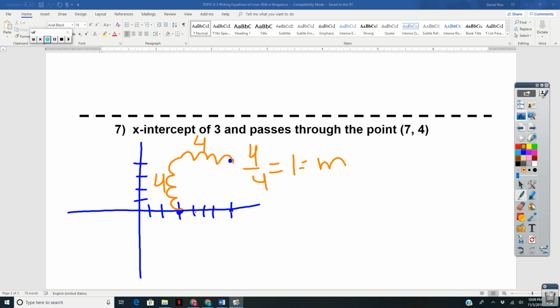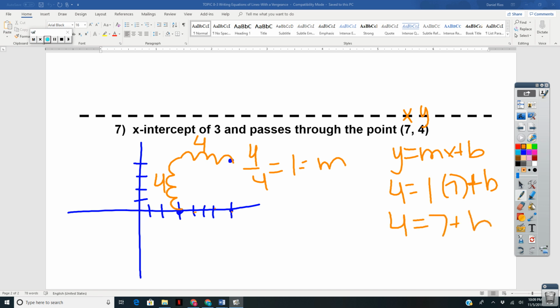Okay. So once you have your slope and you have a point, you can find b by doing y equals mx plus b. This is x and this is y. That's 4 equals 1 times 7 plus b. That's 4 equals 7 plus b, minus 7. So we have -3 equals b.